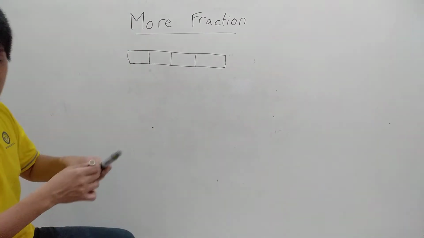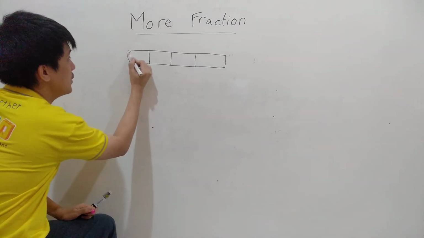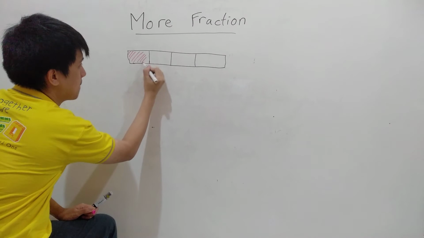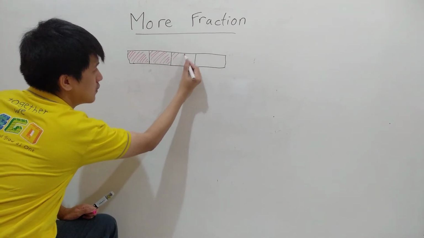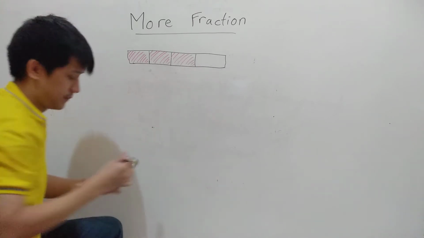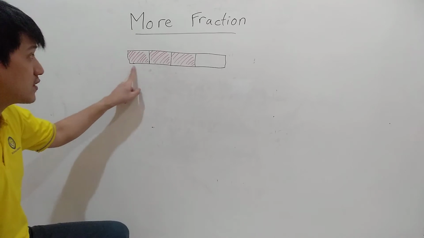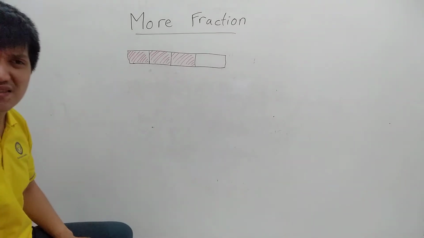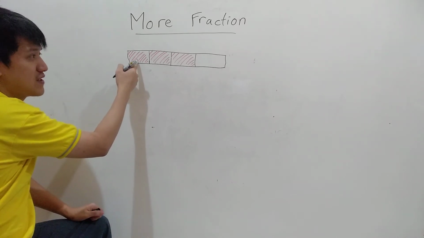So after this, I color these three pink. 1, 2, 3 parts pink. I color 3 parts pink. What is each part? Do you know what the fraction for this part is?